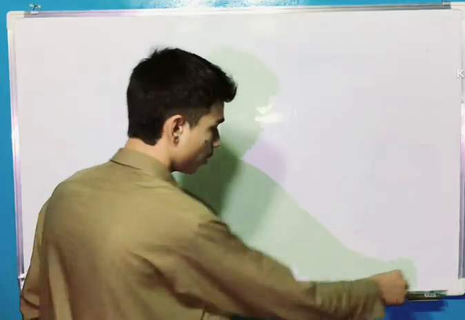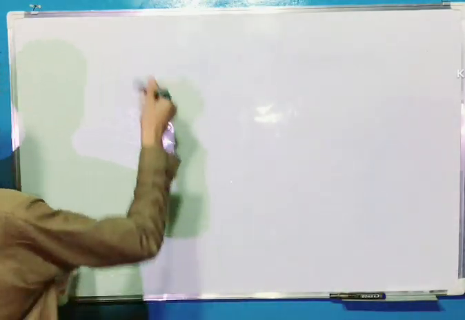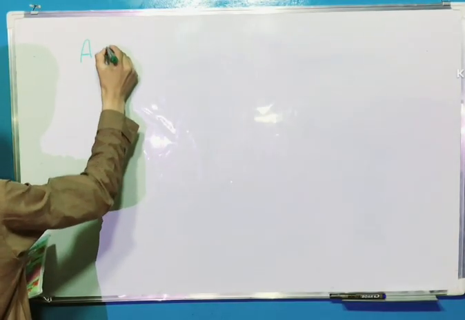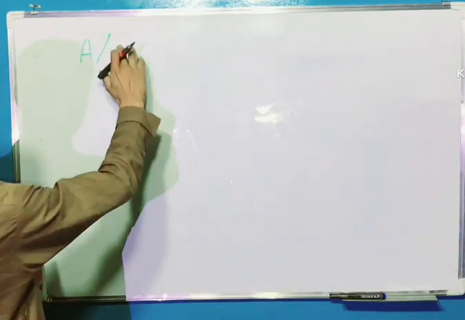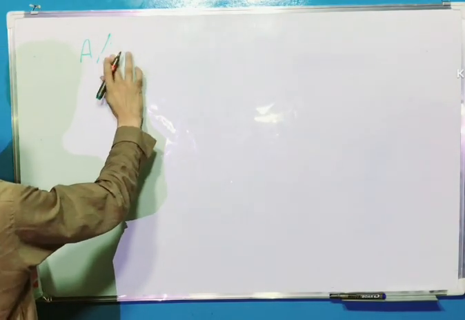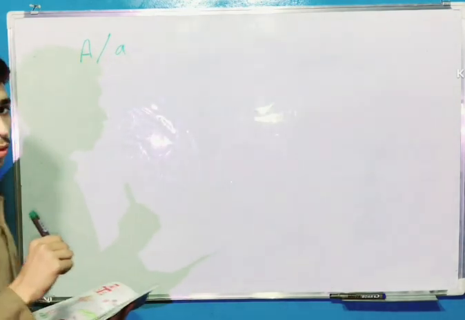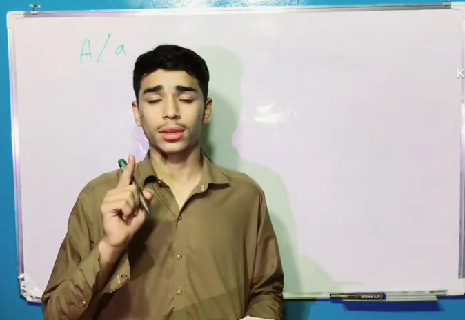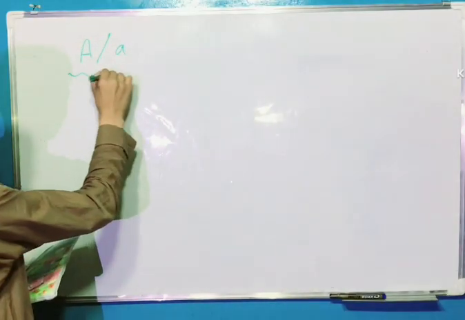So let's write that word. The first is Alice. In this word, we have the A letter. That's the A letter.